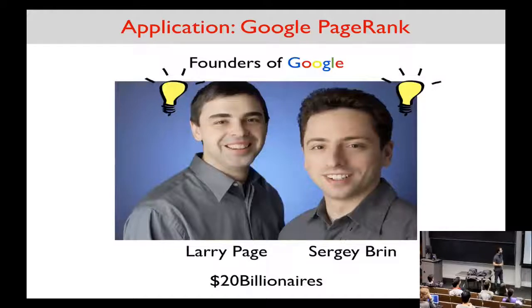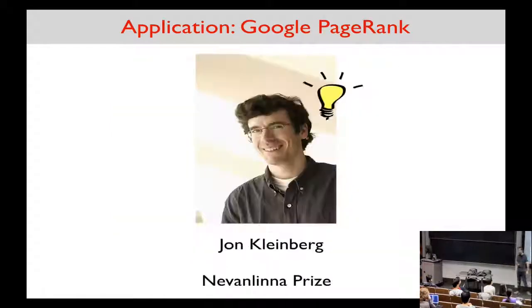And then there were two guys at Stanford University, graduate students at the time. They had an idea of using Markov chains to rank web pages. And you know the story, then they became multi-billionaires. And actually, this guy, Jon Kleinberg, who probably you don't know, had the same idea.